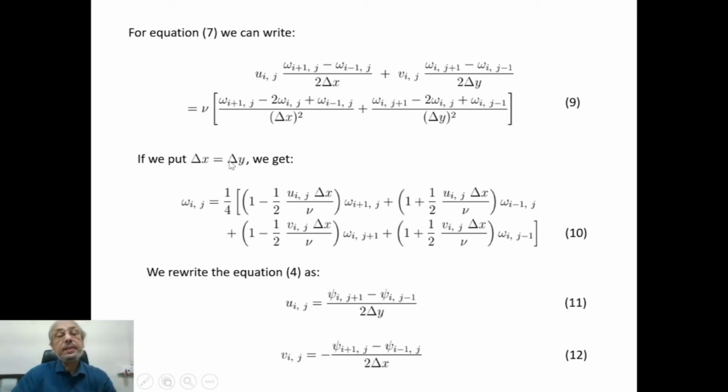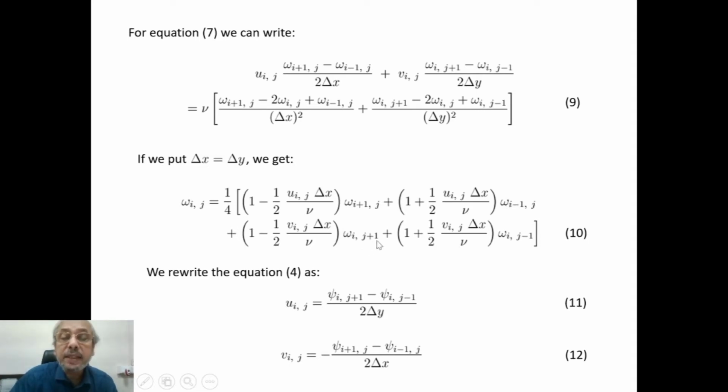And in equation 9, we can now substitute delta x equal to delta y. If we set delta x equal to delta y, from equation 9, we can easily find out an expression for omega ij. And this becomes 1/4 of, within bracket you can see, 1 minus half uij delta x by nu into omega i plus 1j, plus 1 plus half uij delta x by nu into omega i minus 1j.